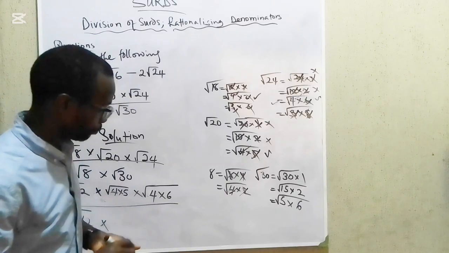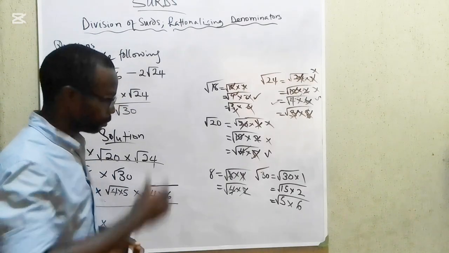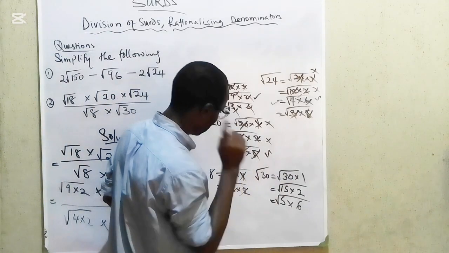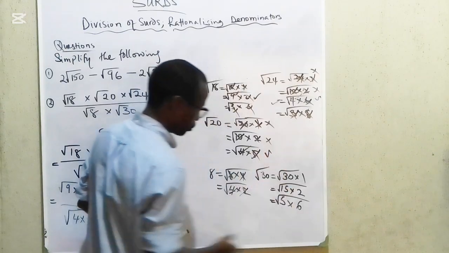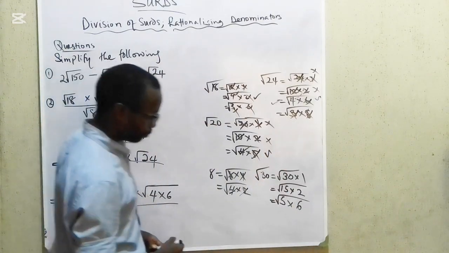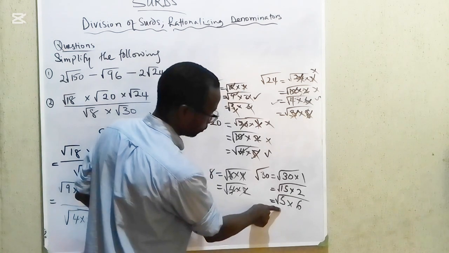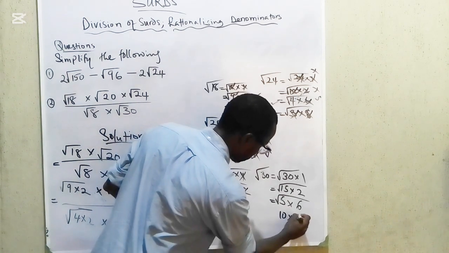That's 30. Is there any other number? I don't think so. Okay. 30 times 1, and then 2 times 15, and then 5 times 6. Any other number? 3 times 5, 15. 2 times 10 times 3. Another one will be 10 times 3.